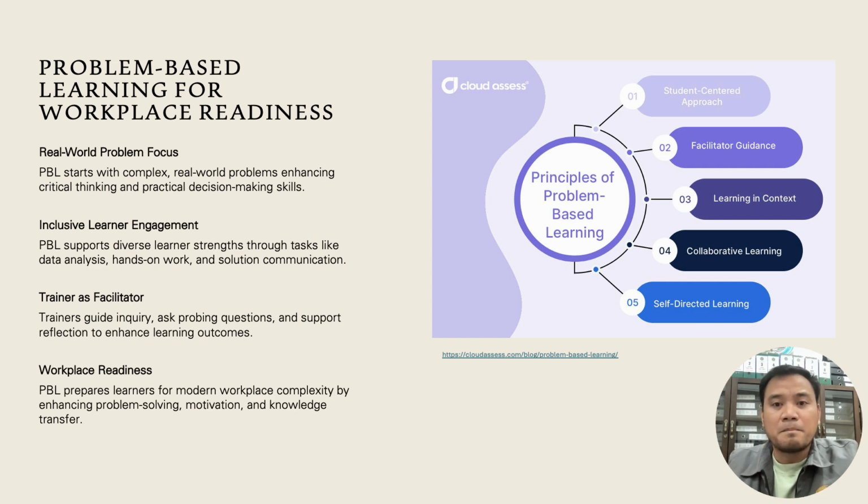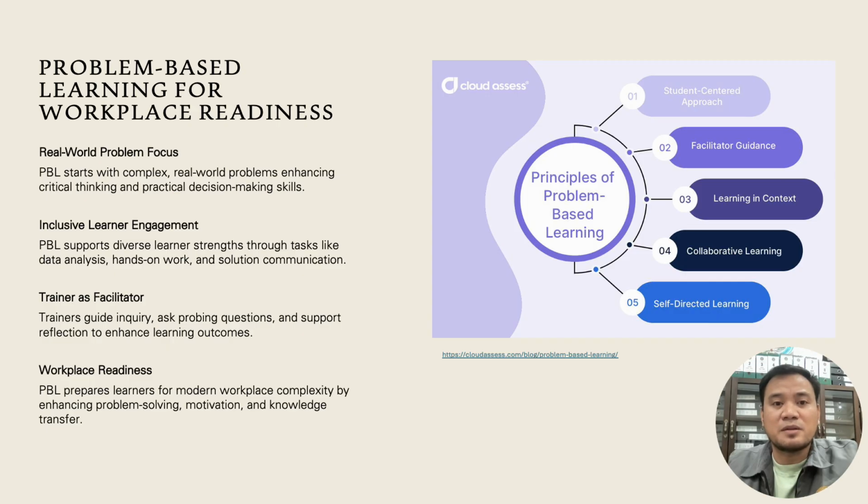In TVET, PBL is particularly effective because it mirrors workplace conditions where problems are often ill defined and require critical thinking, collaboration, and practical decision making. Examples include diagnosing equipment malfunctions, responding to customer complaints, or planning production processes.